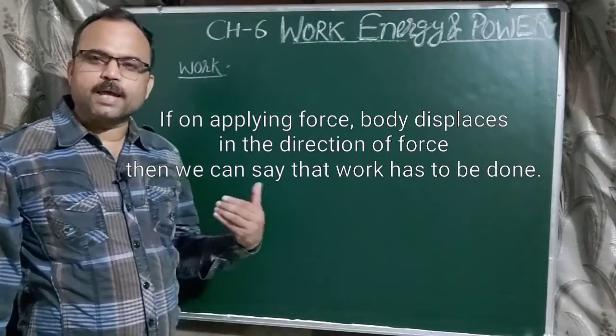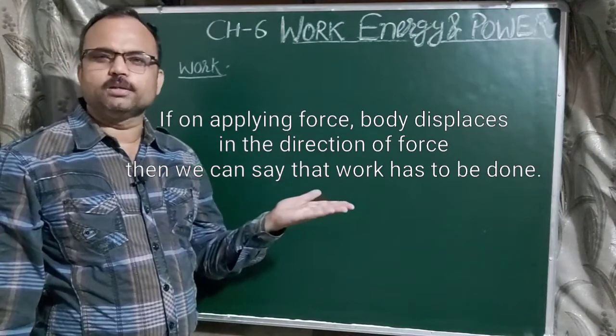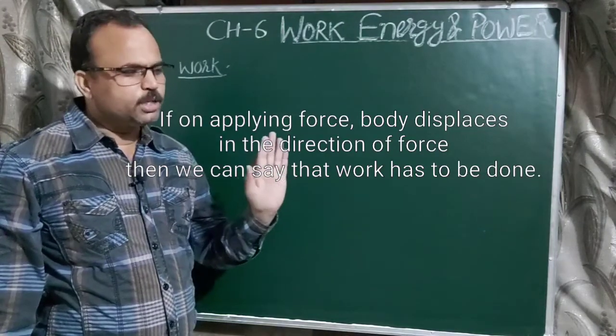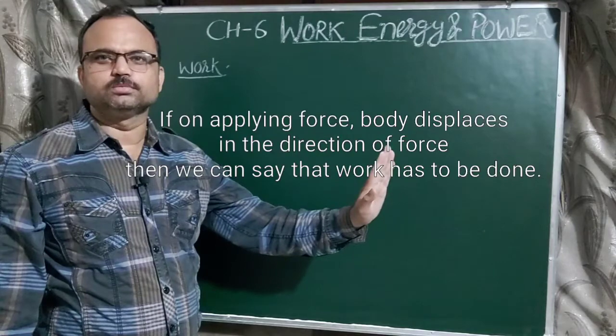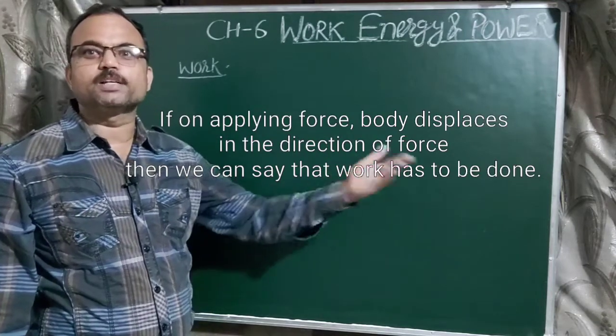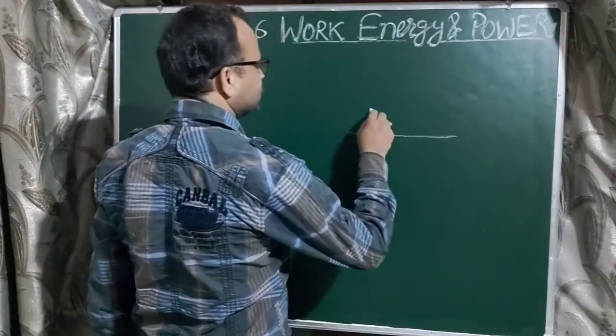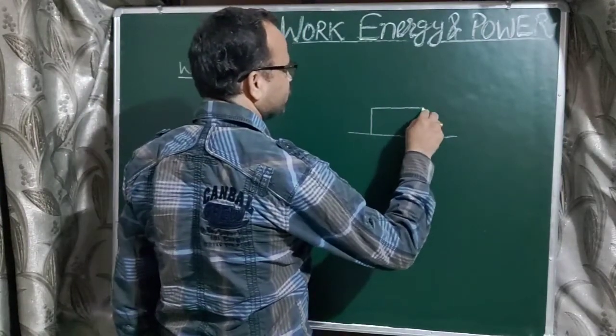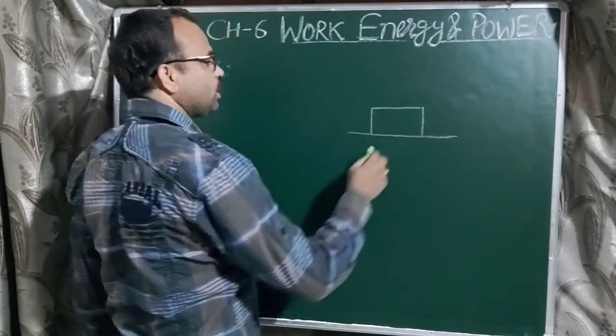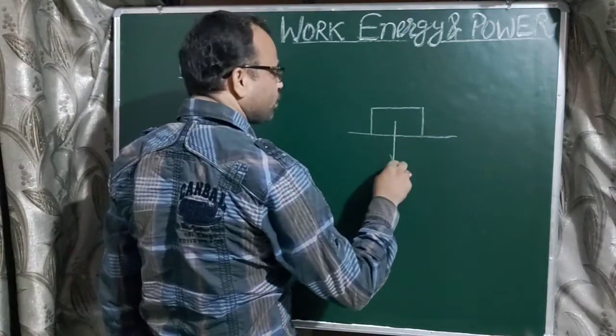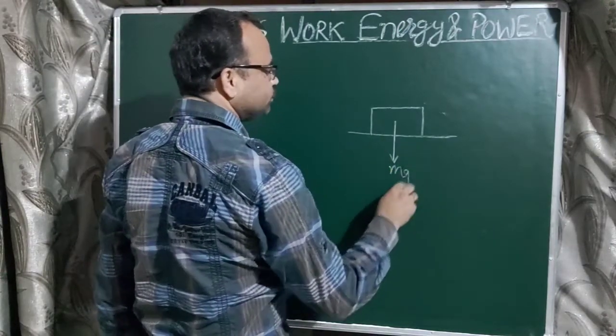If on applying a force on any body, the body displaces in the direction of force, then we can say that work has been done. Let us see in a figure. Suppose a body is placed on a surface and its weight acts vertically downward.